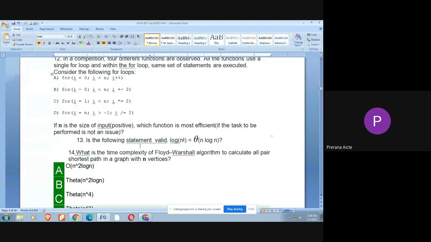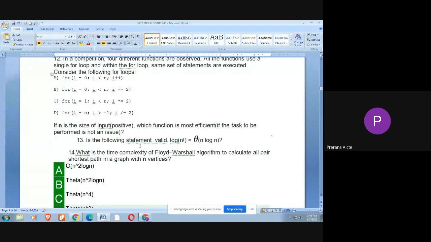Now, consider the following statement: log n factorial equals theta of n log n. Are the two the same, is the question. Whenever we consider log n factorial and n log n, when the value of n is large, both are going to be the same.